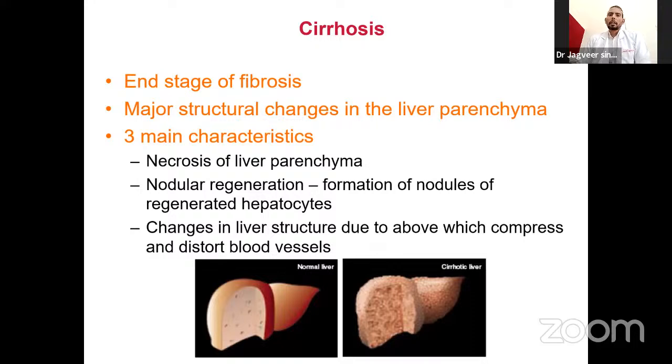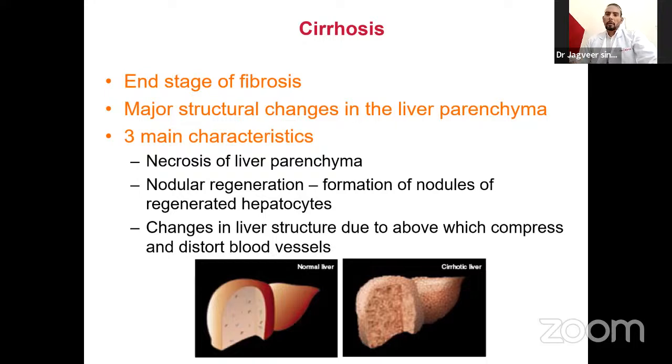The three main characteristics of cirrhosis are, number one, necrosis of the liver parenchyma. Number two is nodular regeneration, the formation of nodules of regenerated hepatocytes. When necrosis of hepatocytes occurs, the body tries to restore the hepatocytes. In this process, nodules form from the regenerated hepatocytes. That is called nodular regeneration.